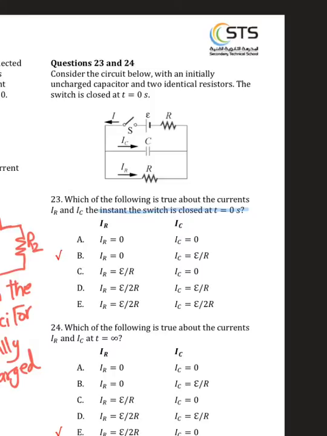When the switch is closed, at that instant, what's happening? The capacitor is getting charged, correct?